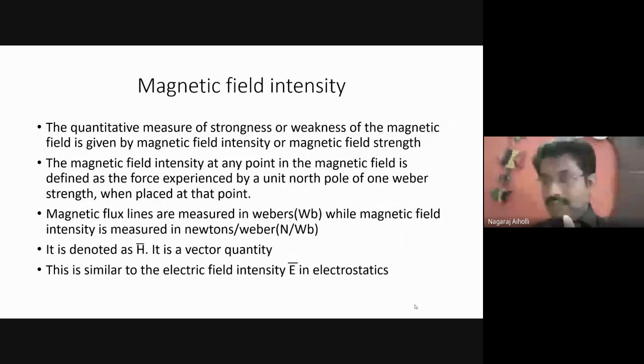According to the thumb rule, if the thumb indicates the direction of the current flowing in the conductor, then the curl of your fingers indicates the direction of the flux lines. This is how the direction of the flux lines can be found using the thumb rule.